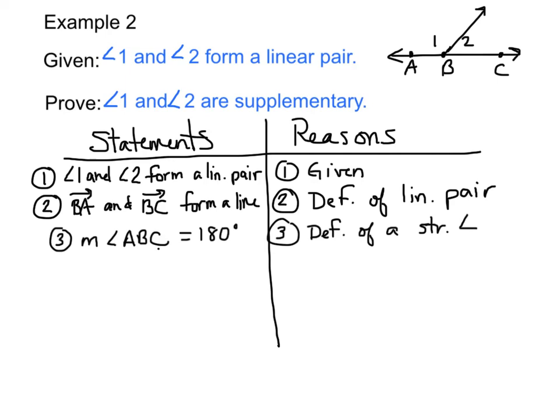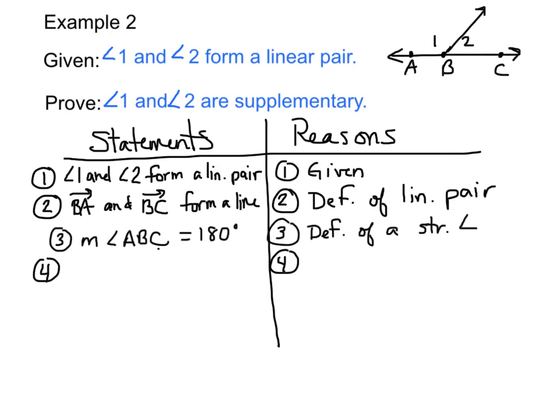Step 4, let me write that down here. This is where it gets tricky. You have to figure out something about showing that this is a straight line, 180 degrees, but angles would have to add up to give you 180. So we somehow have to add angles together to give you 180. Well, since we're adding angles together, the angle addition postulate is going to come in incredibly handy.